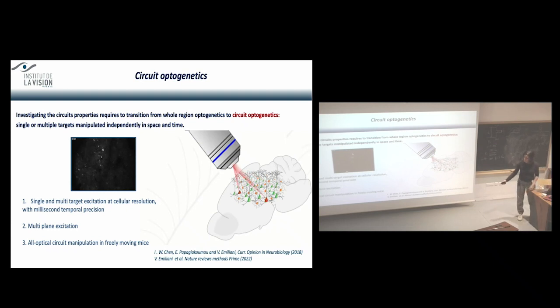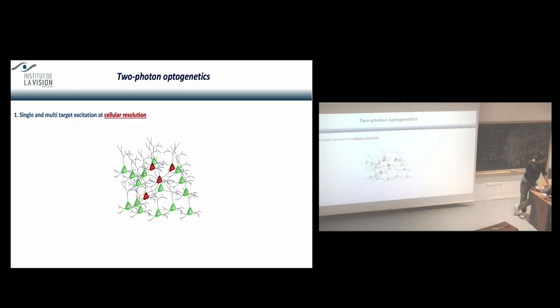I don't know if we can go through all up to freely moving. Let's see how long it will take, but let's start with the first point. So we want to use light to manipulate single or multiple cells at single cell resolution in scattering medium. So again, the first step is to replace this wide field unspecific light illumination with two-photon excitation.